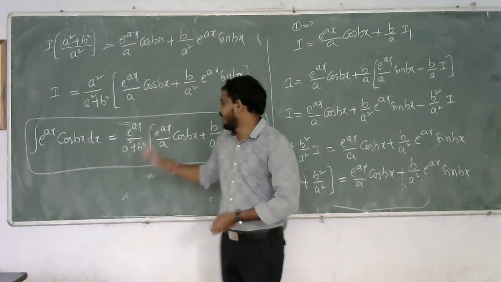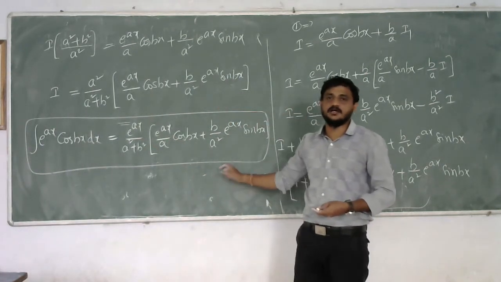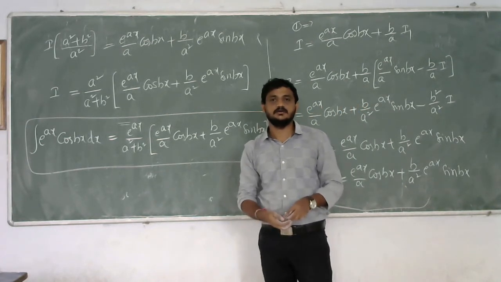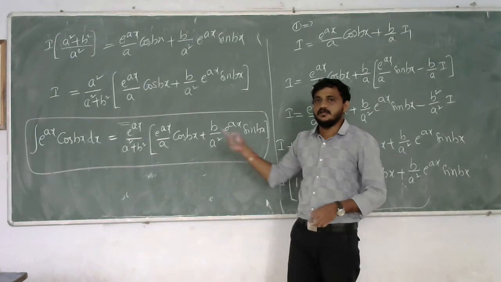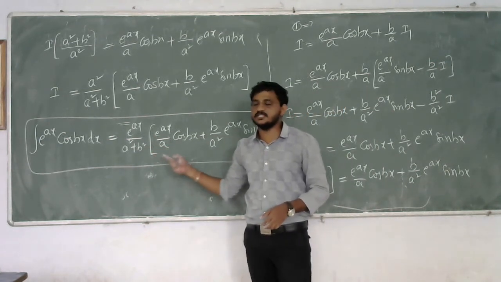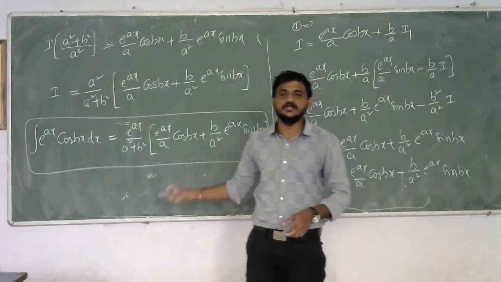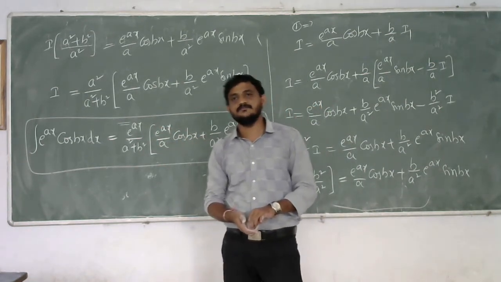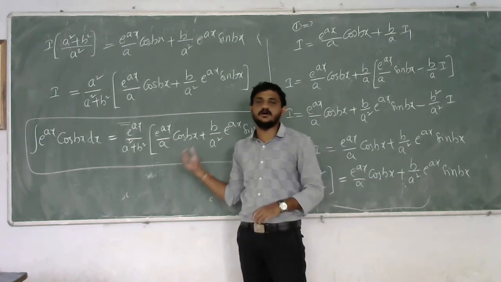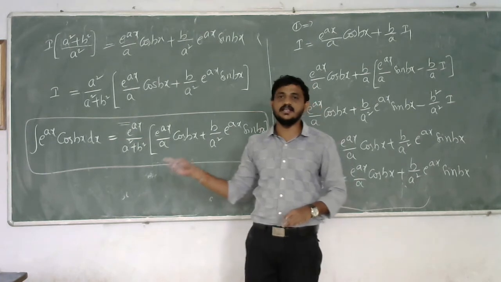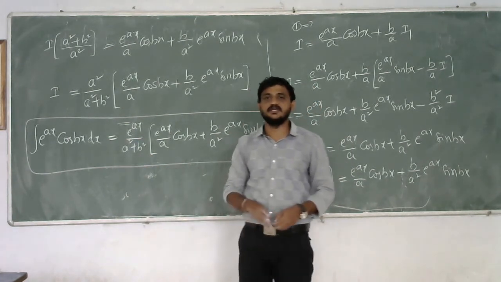So we have to remember this as a formula. It will be used as a formula to solve some problems. So remember this formula: integration of e power of ax cos bx dx is e power of ax by a square plus b square into e power of ax by a cos bx plus b by a square into e power of ax sin bx.